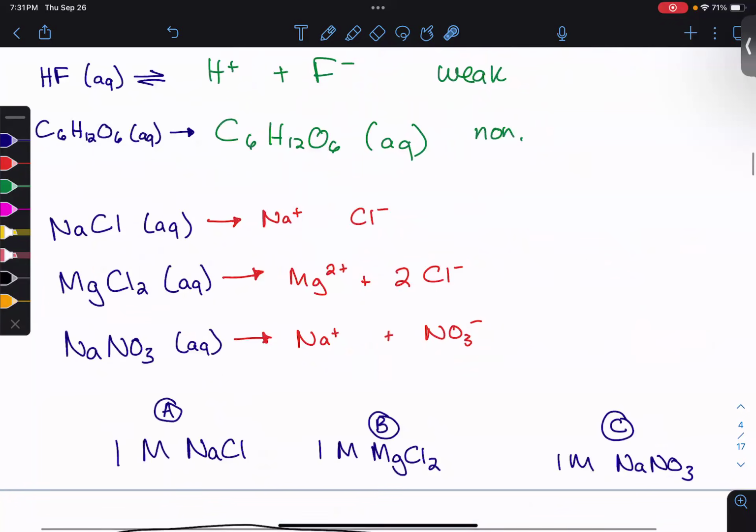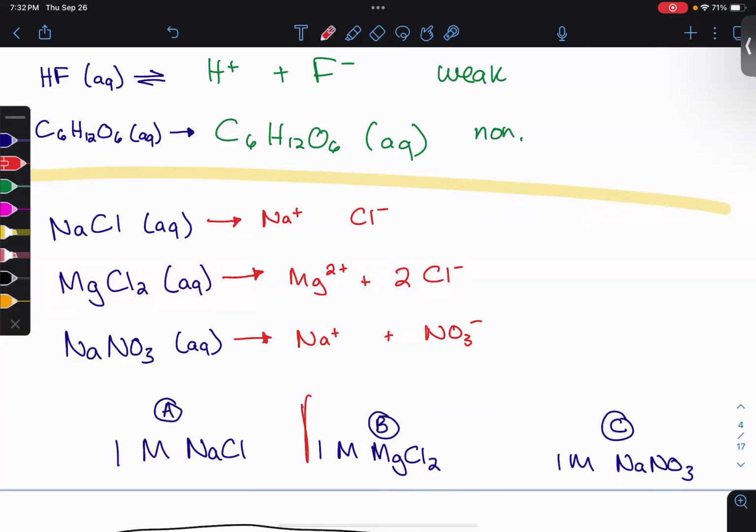So based upon these answers, which one of these solutions will conduct the most electricity? 1 molar NaCl, 1 molar MgCl2, or 1 molar NaNO3? Which one will conduct the most electricity? B. Why B?